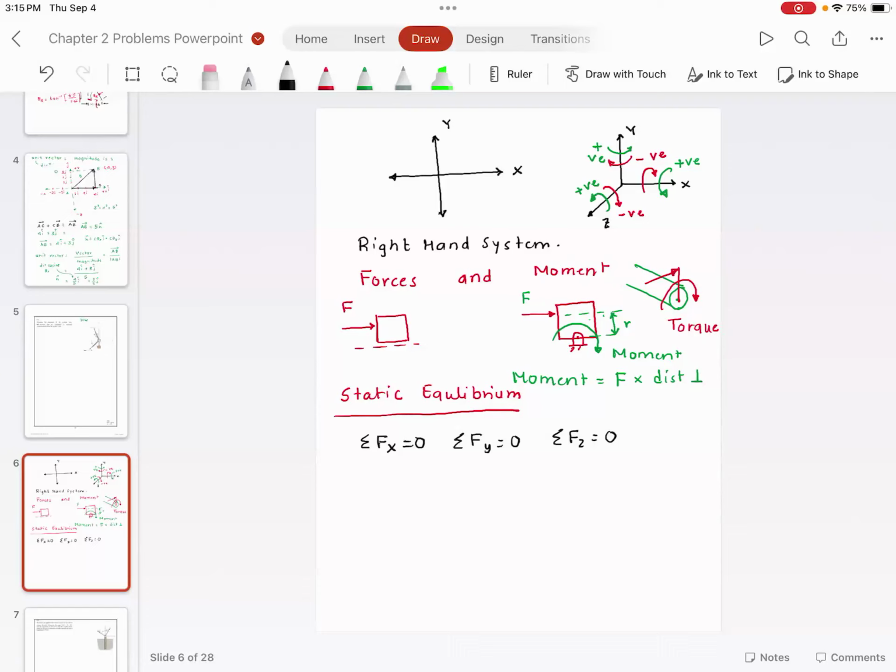It means if all the forces balance each other, then that object is going to be in static equilibrium. Do you agree with me?